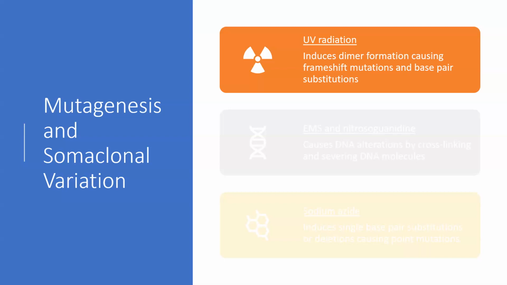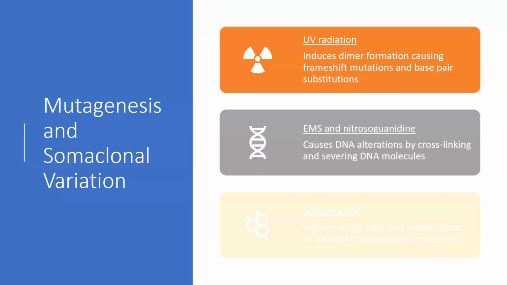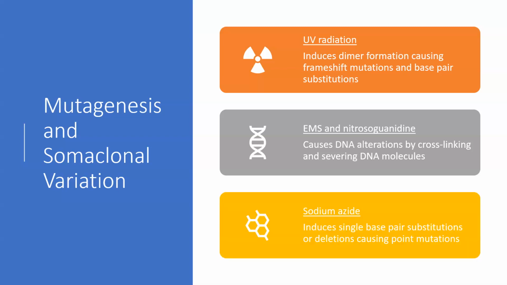This produces lesions that cause frameshift mutations and base pair substitutions during DNA replication. EMS and nitrosoguanidine are alkylating agents that cross-link and sever DNA molecules, often resulting in gross DNA alterations. In contrast, sodium azide induces single base pair substitutions or deletions, resulting mostly in small point mutations.